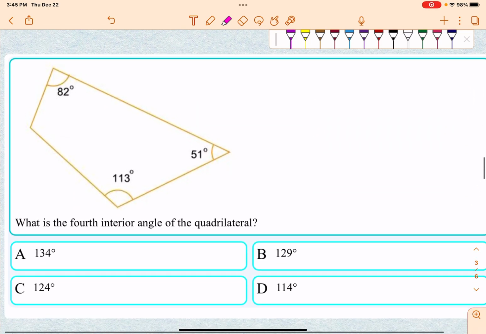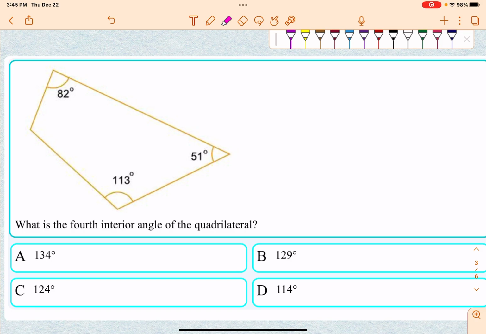So if I look at this one, it happens to be, let's see, 1, 2, 3, 4. It's four-sided. So if it's four-sided, I know it's got a total of 360. And they want to know this angle here that is missing.